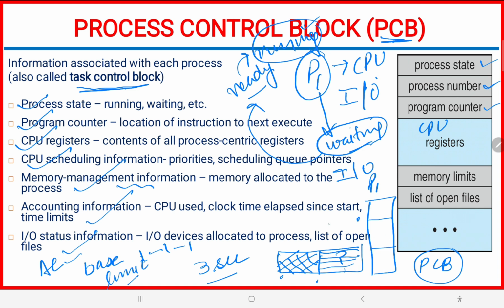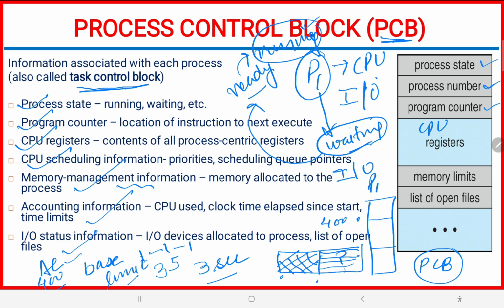For example, in layman's language, let's suppose from location number 400 for the next 35 locations. The base register will hold the beginning address of the process, that is 400, and the limit specifies the number of locations.